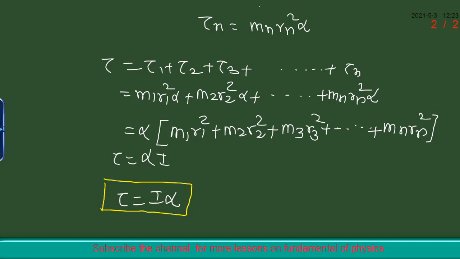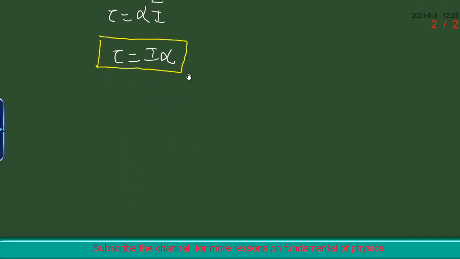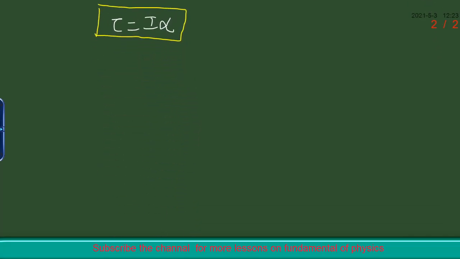Now see, our next and important discussion is about the physical significance of moment of inertia. Now see, the equation for a torque acting on body is τ equal to I into alpha, and similarly the equation for kinetic energy is equal to 1/2 I into omega square. Now compare these quantities analogous to the translatory motion.